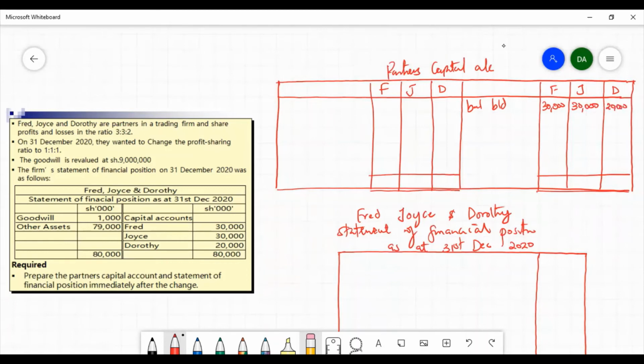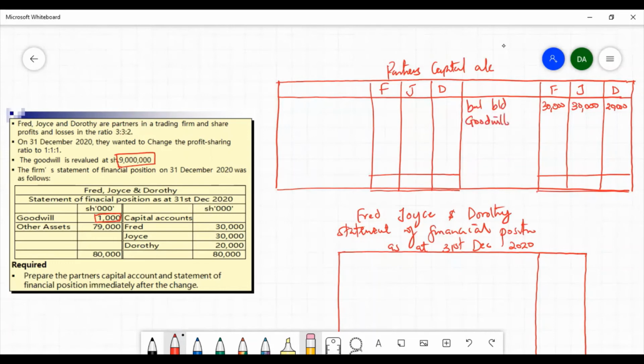After that, we record the goodwill. And to record goodwill, we record only the increase in goodwill. Before the change takes place, goodwill of the partnership is 1 million. But at the point of change, goodwill was revalued to be 9 million. That means there was an increase of 8 million in goodwill. That increase is shared among the partners in their profit sharing ratio.